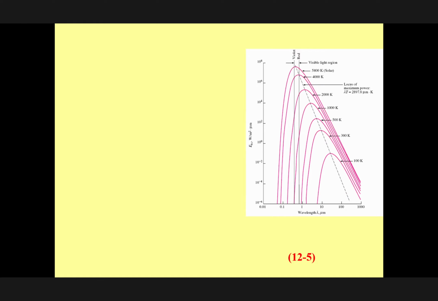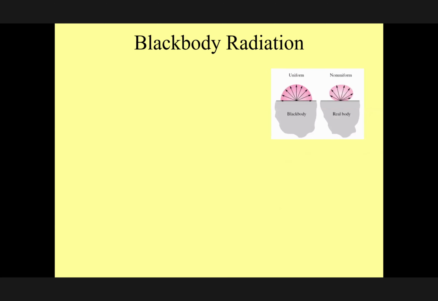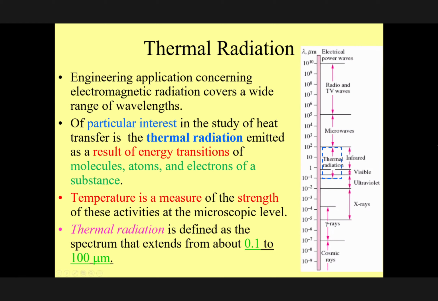If I go back to the original figure, I'll just show you here. In this wavelength range, from 0.1 to 100, we are talking about thermal radiation, which includes visible, ultraviolet, and infrared, okay? Between this and this.